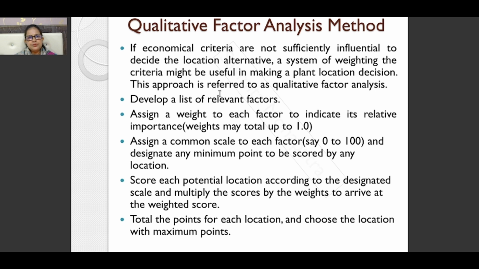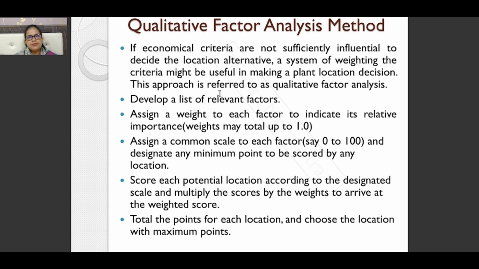What do we need to do? Whatever weight we have assigned to the relevant factors, we have to multiply the weight with the score of the location, because each location will be assigned a score between 0 to 100 or 0 to 10.